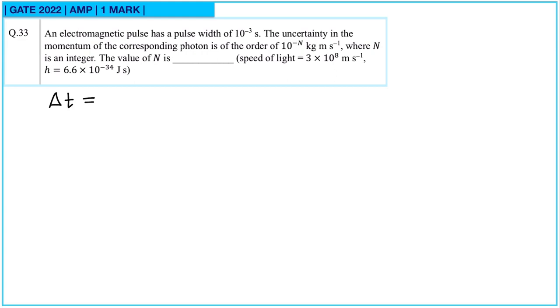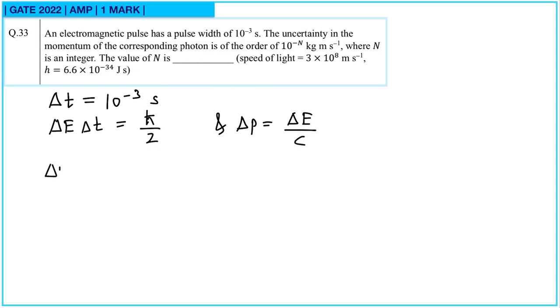Now we know delta t is given here, 10 to the power minus 3 second, and delta E into delta t by Heisenberg uncertainty principle is h cut by 2, and delta P is equal to delta E by c. So that means delta P is equal to delta E, which will be h cut by 2 delta t, so this is h cut by 2c delta t.